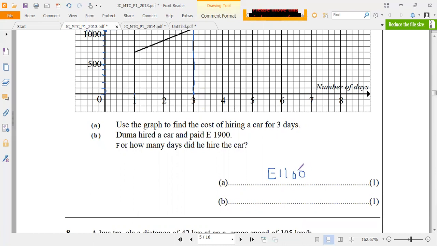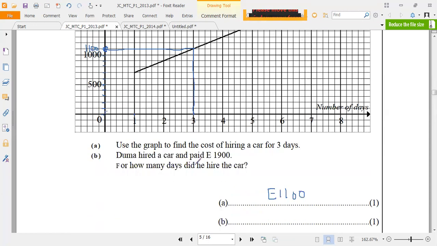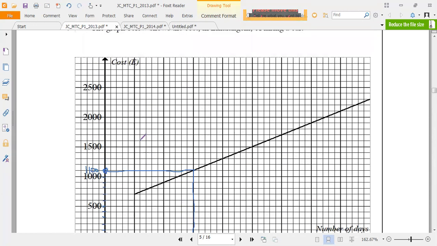So the cost of hiring a car for 3 days is 1100 only. Duma hired a car and paid 1,900. Find how many days he hired the car. We look for the amount 1,900, which is between 1,500 and 2,000: 1,500, 1,600, 1,700, 1,800, 1,900.